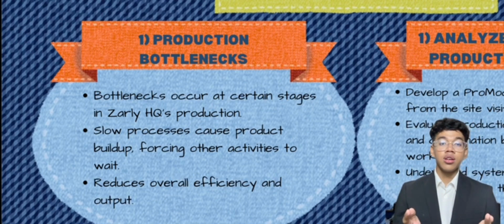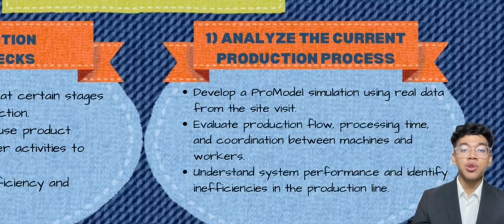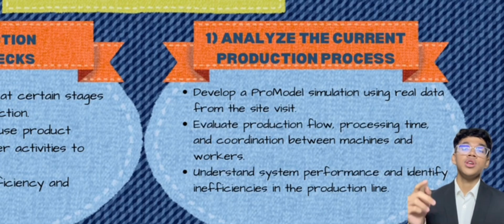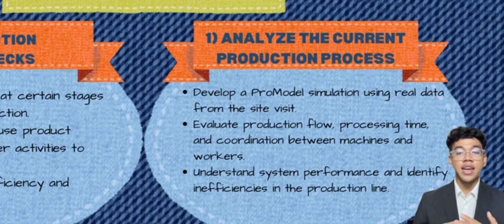As a result, overall productivity decreases and daily output is affected. Therefore, our objective is to analyze the current production process using ProModel simulation to identify which stage causes the bottleneck and evaluate its impact on waiting time and resource utilization.